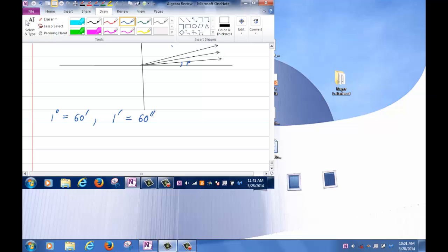Those are our 10 symbols for writing numbers. That's base 10 numbers. The Babylonians used base 60 numbers, and so everything that they did, they used 60. So that's where the 60 is coming from, because they used it.